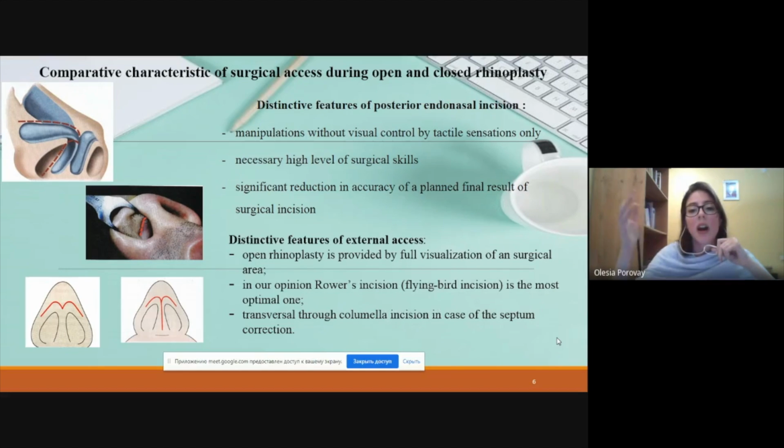In contrast, external access provides full visualization and control of surgical error. It allows us to assess the intraoperative tissues during the operation. We recommend the Rovan incision, this inverted-V incision, as the most optimal, and for septum correction we recommend a transversal transcolumellar incision.